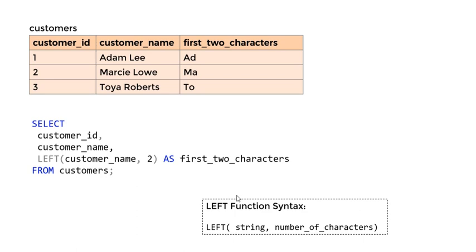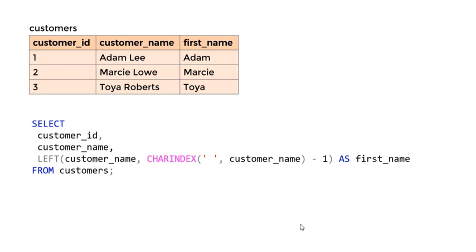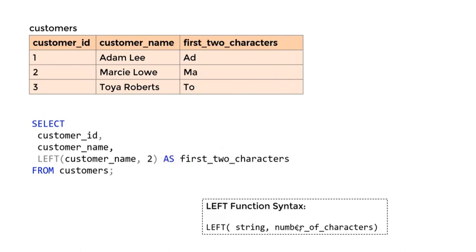The next step is to use LEFT with the character index. Instead of specifying a static number for the number of characters that we want to extract, here we are going to get the number from the index position of the first single space using CHARINDEX. So let's show that. By using the LEFT function, if you want a number of characters from a string, there are so many strings in the customer name column: Adam Lee, Marcelo, Toya Roberts, like that, right?